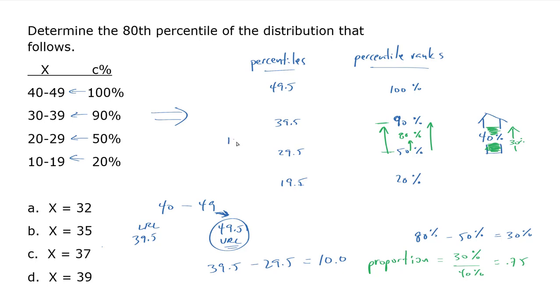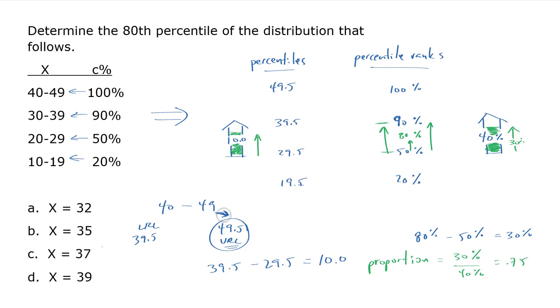So 10.0 is my total distance between rows here. But we're only going part of that way. We're only going 75% of the way. So what is 75% of the way between 29.5 and 39.5?